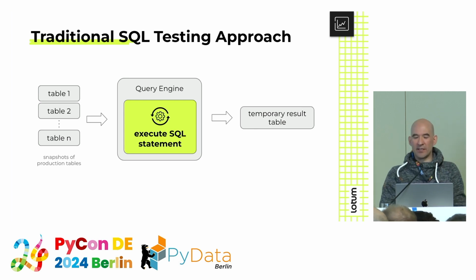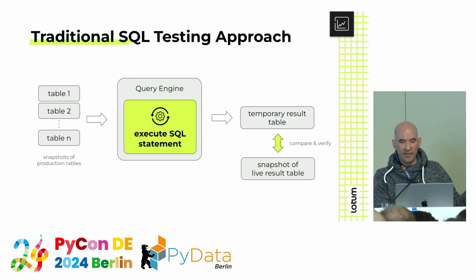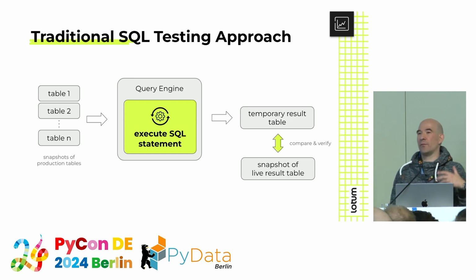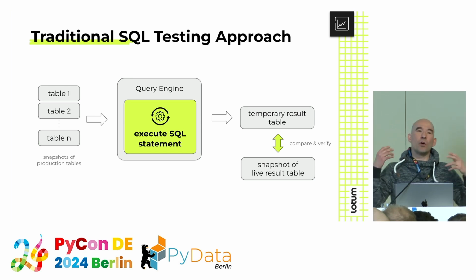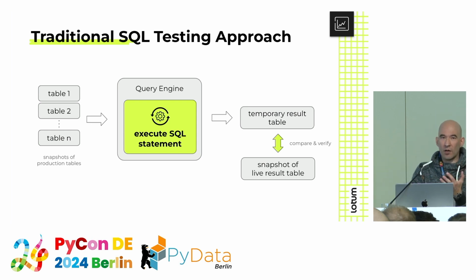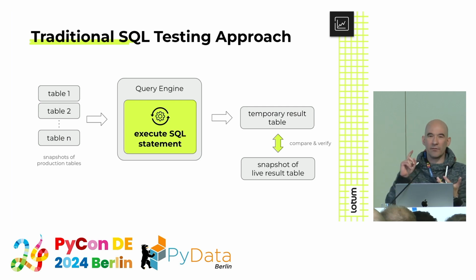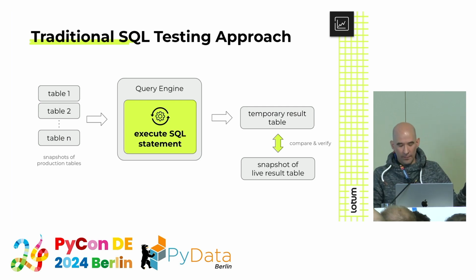And then this temporary table is compared to another snapshot of the live result table. Then they verify, if they didn't change the logic at all, whether it's a one-to-one match, or you can verify whether the assumptions about your data still hold. If the row count is the same, if there's no unexpected null values showing up, if the value ranges are still the same, if you don't have any duplicate keys, and so on.